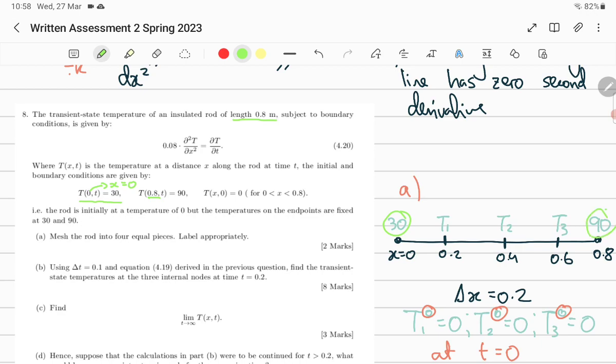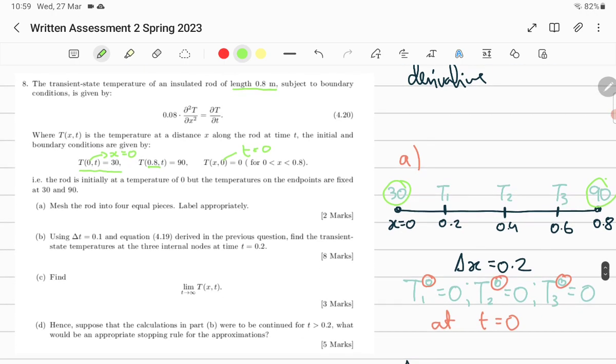Okay, and then the other initial temperatures are all 0. So this is at any point in between. Now we need to do part A first, mesh the rod into 4 equal pieces. We did that below. So we chop the length 0.8 into 4 pieces. You get 3 internal grid points, call them temperature 1, temperature 2, temperature 3. Their initial temperatures are all 0. So that's the thing below.